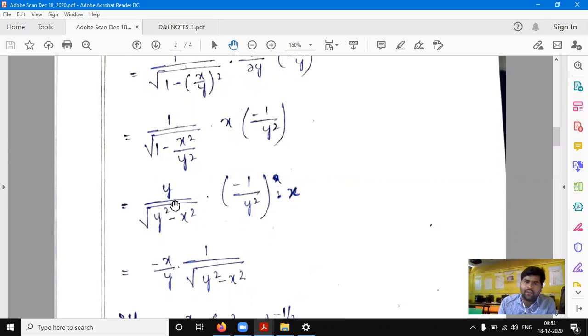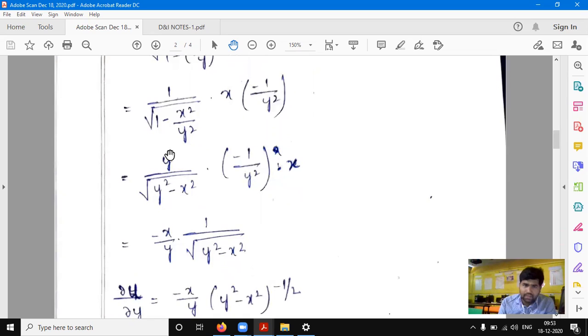It is in the denominator, so you write it in the numerator: y by under root of y square minus x square into minus 1 by y square into x. So y and one y get cancelled, so minus x is left.